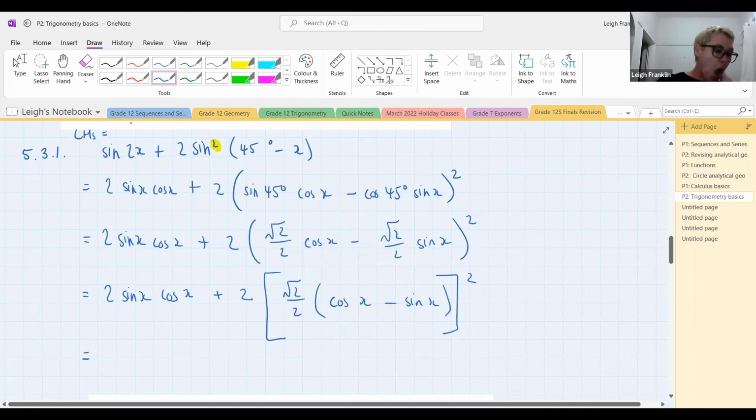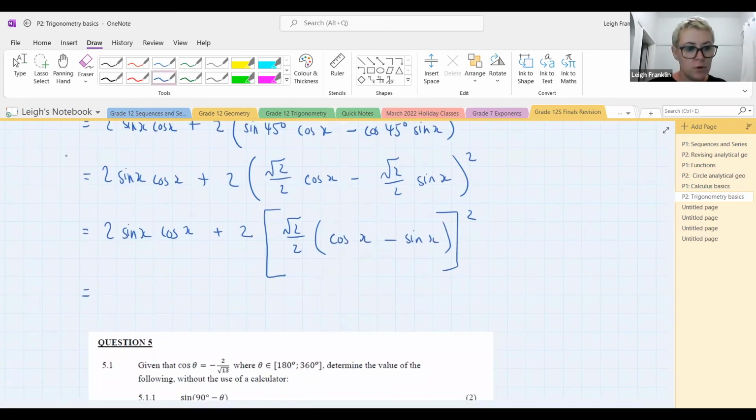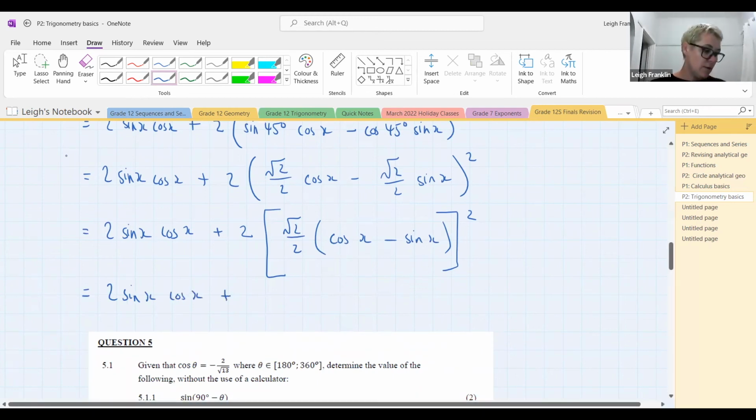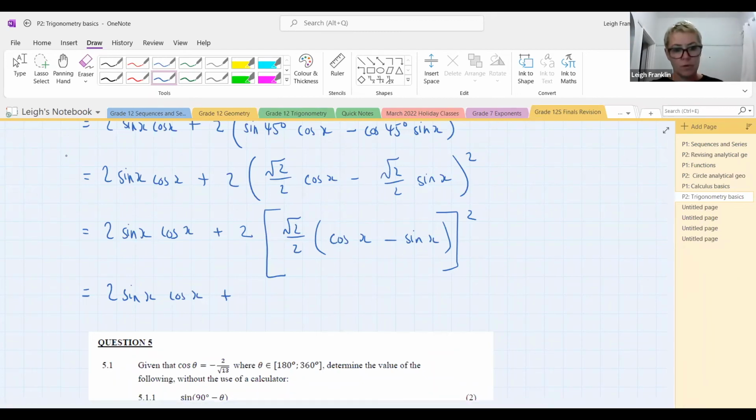Now when we square it, we're going to end up with 2 sine x cos x plus, so that would be squared. So that would give us what? 1 over 2.